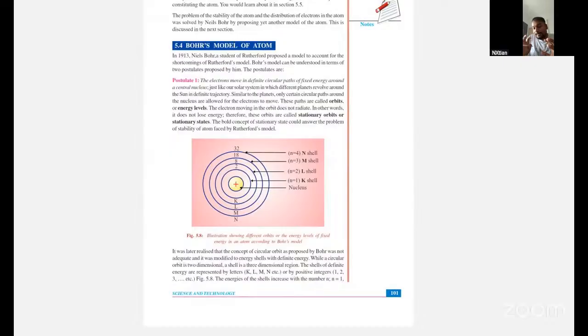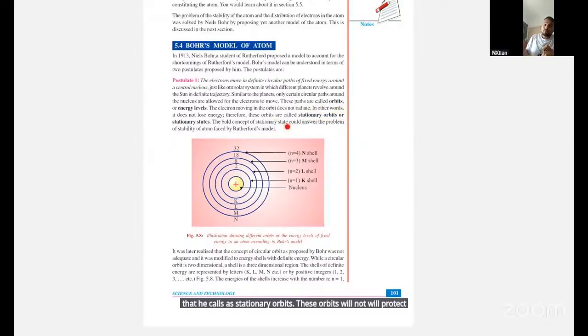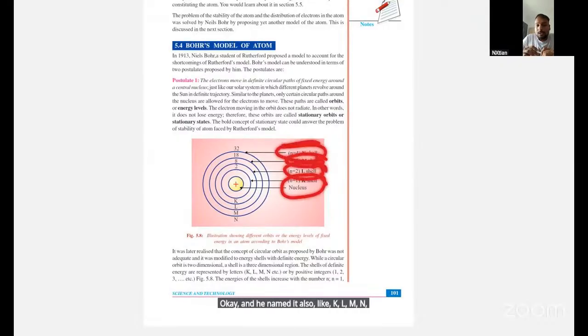So he corrected the Rutherford theory by experiment also, and he called these stationary orbits. These orbits protect electrons from radiating any energy or falling into the nucleus, like a fixed path. And he named them K, L, M, N shells, which are the orbits.